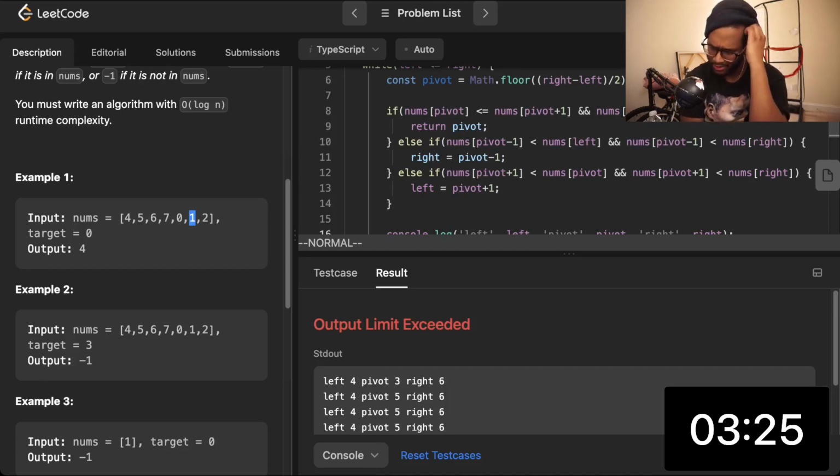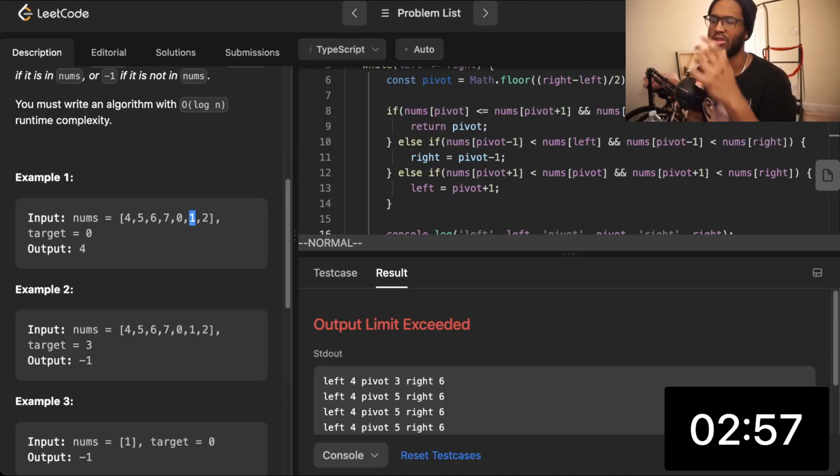We just went down a rabbit hole. We could have just kept the original version we had. Num sub pivot. Num sub pivot minus 1 is less than num left. Problem is 5 is equal to 1. Left is equal to 0.